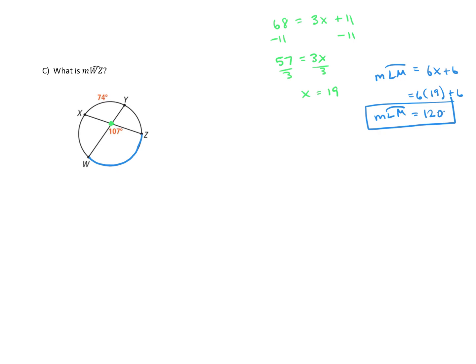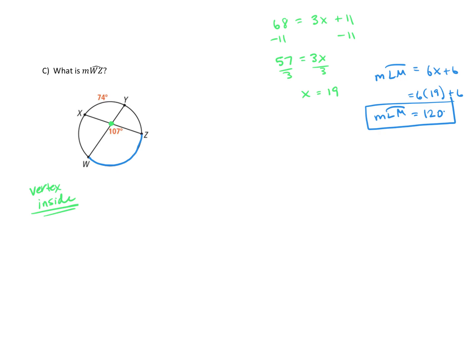There's the vertex. All right, so what we're going to take note of is this vertex is inside the circle. When your vertex is inside the circle, the angle measures equal to half of the sum of your arcs. So instead of subtracting, we'll be adding.